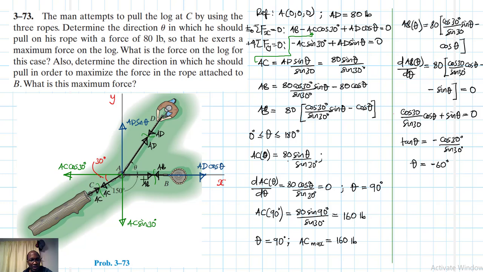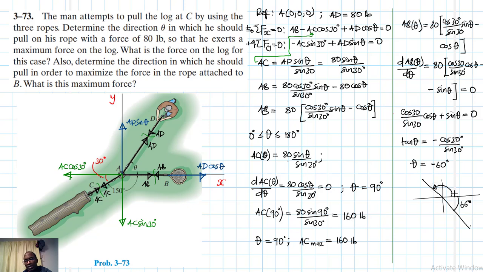If we check here, this minus just means moving clockwise from the horizontal axis. This is 60 degrees, but we are not interested in the minus. We're interested in the anti-clockwise direction.